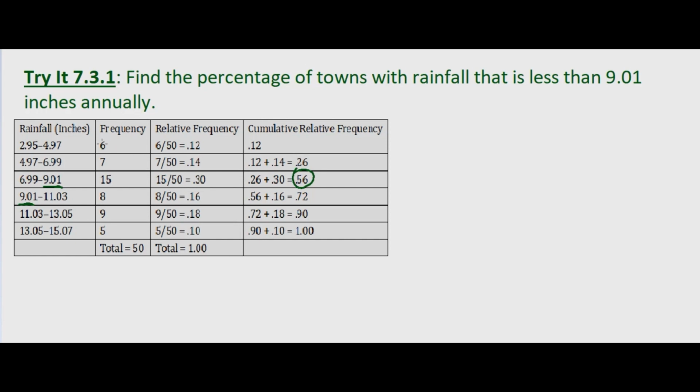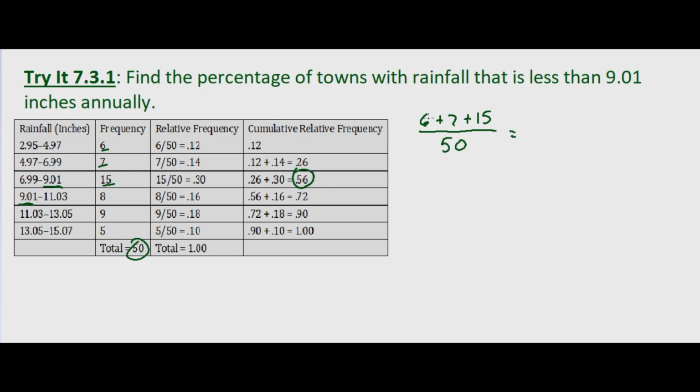Now we could also verify this. The relative frequency is just frequency divided by the total. So we have, for these first three rows, 6, 7, and 15. So 6 plus 7 plus 15, and that's out of a total of 50.